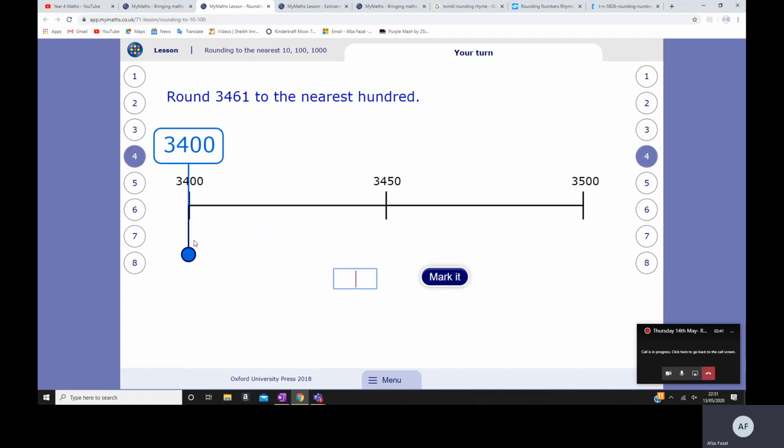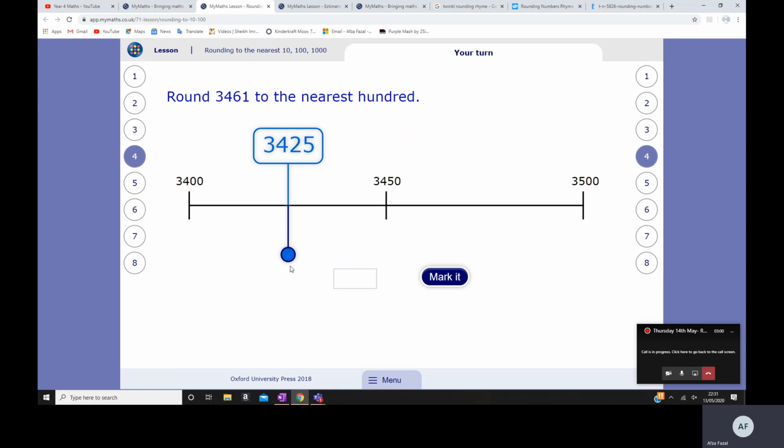Round 3,461 to the nearest 100. Again, you've got 3,400 and 3,500. Now, if you look in the middle, it's 3,450. So it's the halfway point, the middle point between 3,400 and 3,500. Now, I'm going to tell you where 3,461 would be.